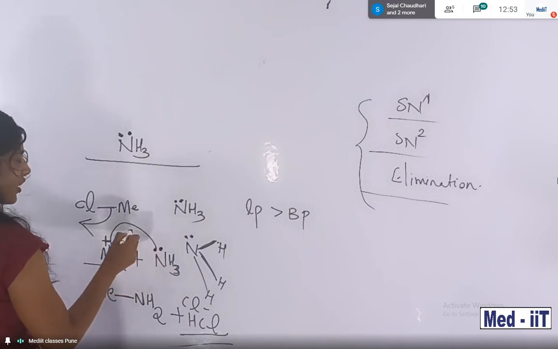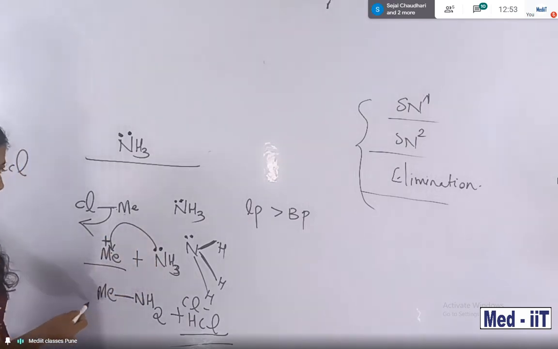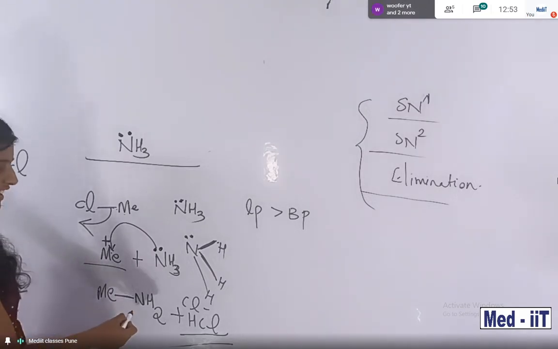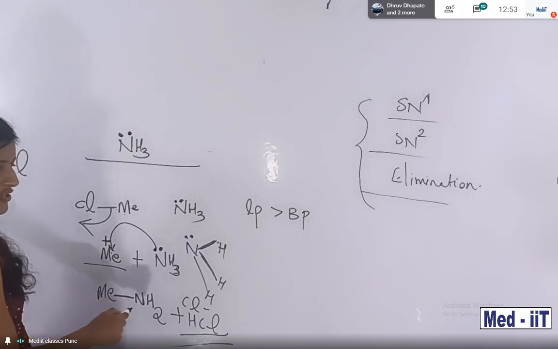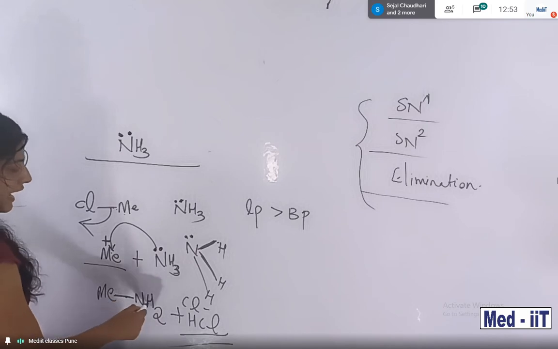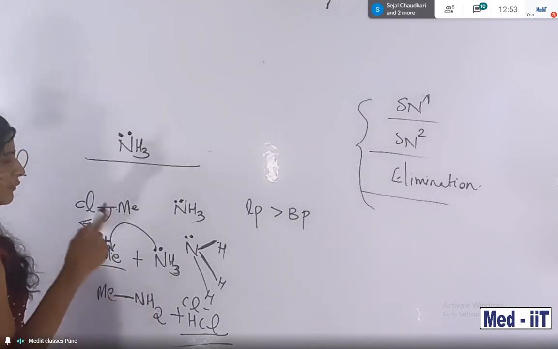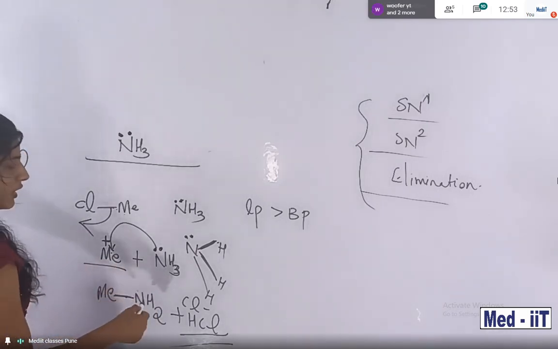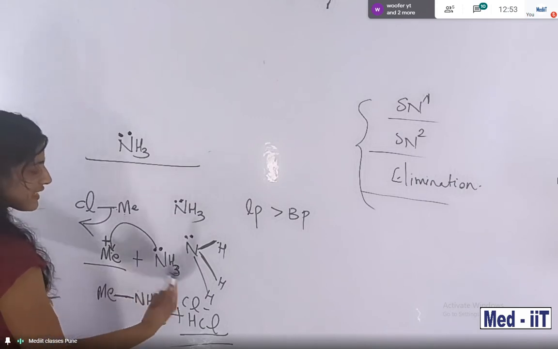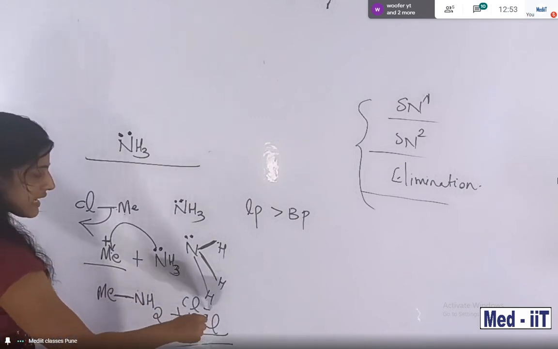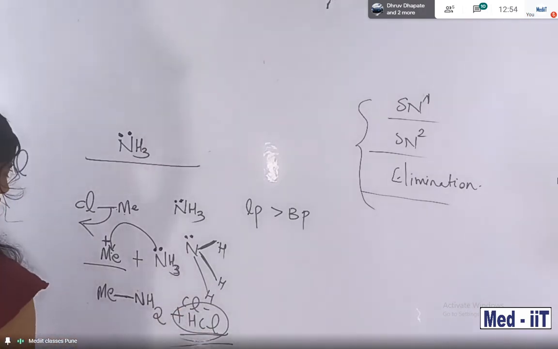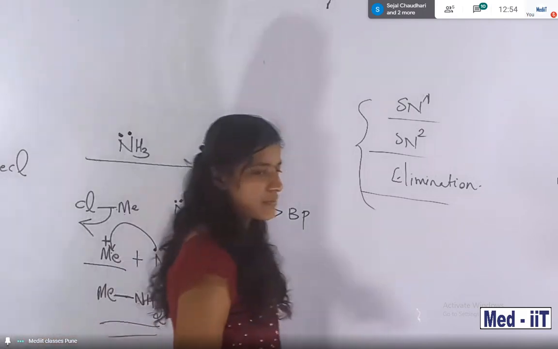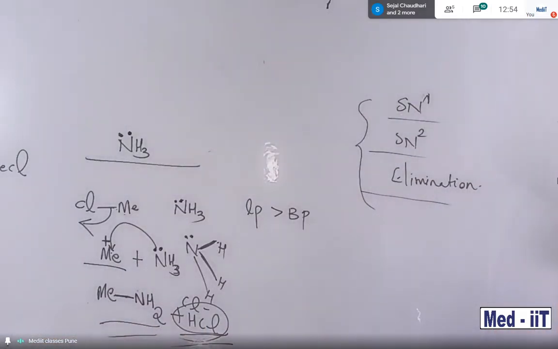That lone pair is ready to donate to the methyl group, and at the same time the chlorine leaves. A cationic form is created in the case of methyl, which is not stable. So ammonia's lone pair is donated to methyl, forming a bond like this, methyl bonded with NH2. But for satisfaction of the valency of nitrogen, one bond and two remaining hydrogens are there. One more hydrogen, in the form of a proton, is removed from this area and then bonds with the chloride ion. This is the product. Understood or not? Tell me, students. Is it clear?